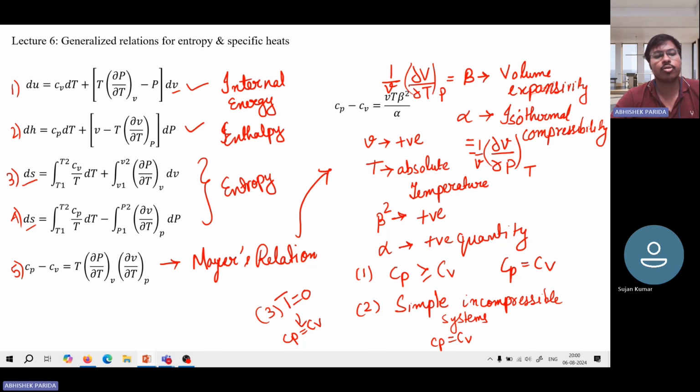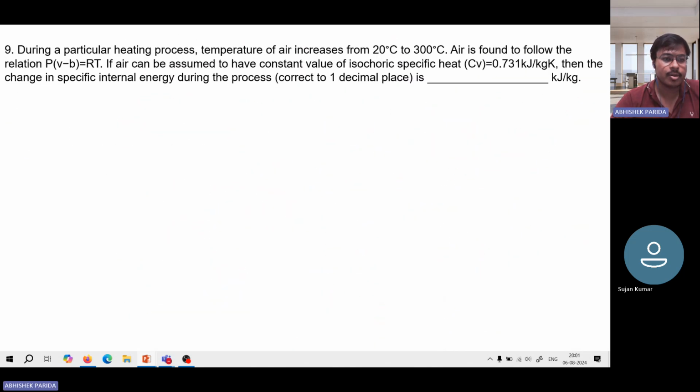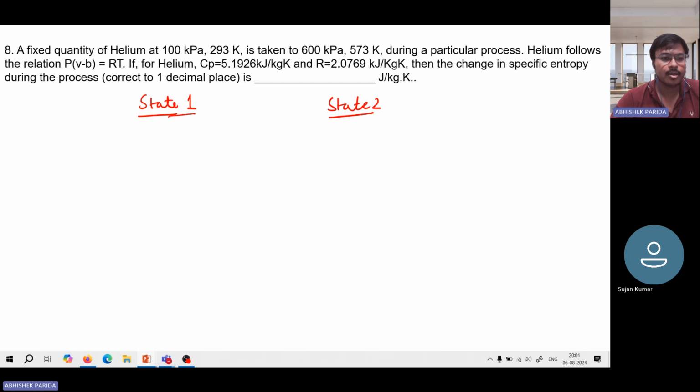But whenever you use this formula, you will finally get to that formula, Cp ln T2 by T1 minus R ln P2 by P1. That is only possible because of this equation, the van der Waals type equation given like this for question number 8. If some other PVT relationship comes, then it is very difficult for you. So always try to remember the generalized ds equation.